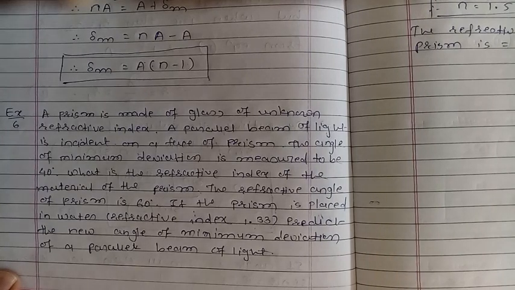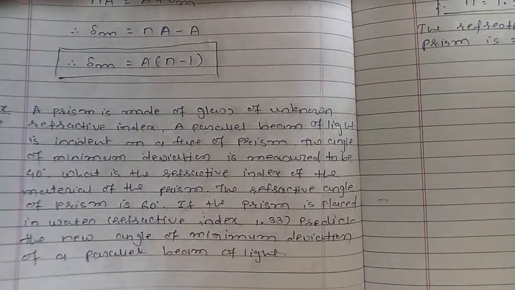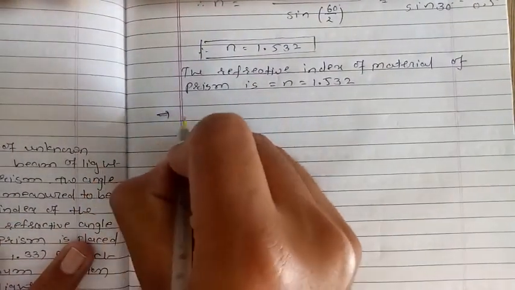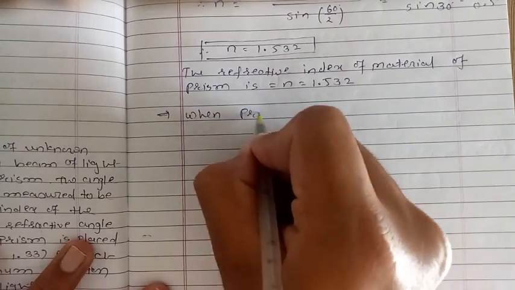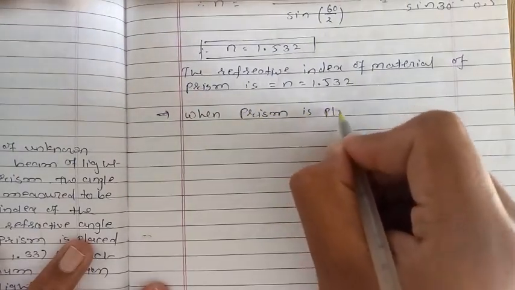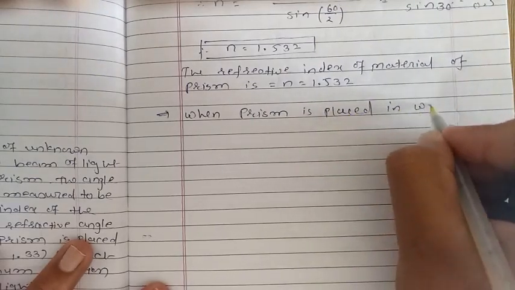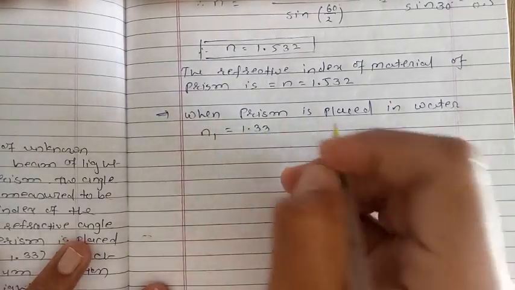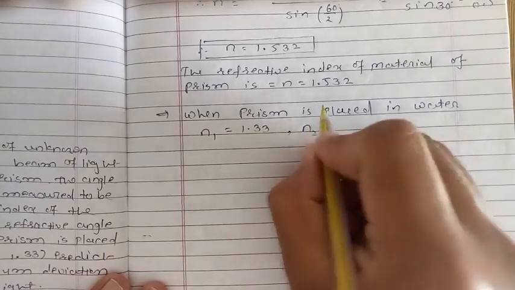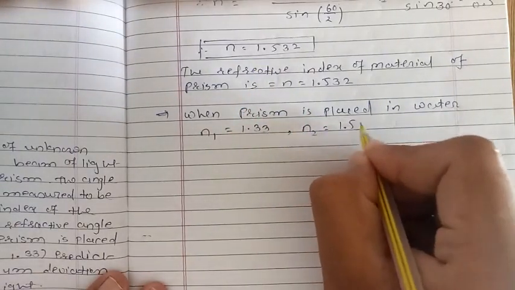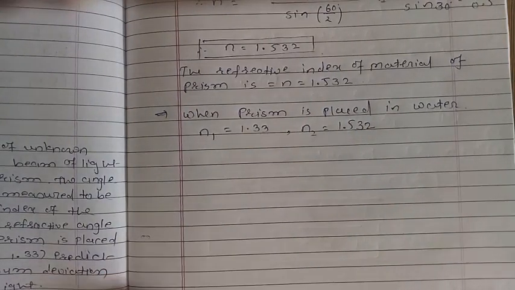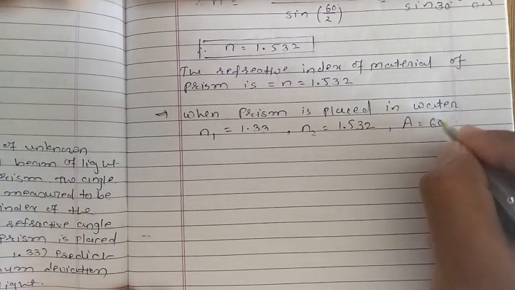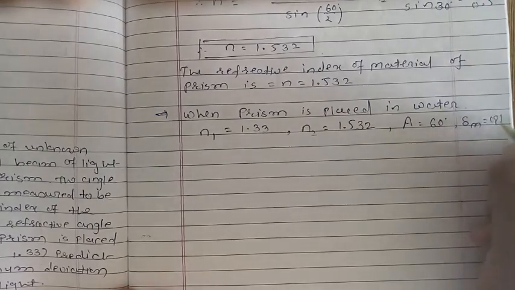We placed the prism in water, so our first medium is water and second is prism. So when the prism is placed in water, our first medium is water, so n1 is equal to 1.33, and n2, the prism, we know the refractive index, 1.532. We know the value of prism angle 60. We have to find out the minimum deviation del m.